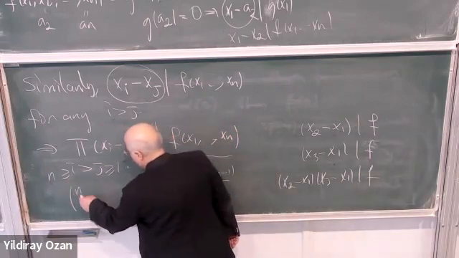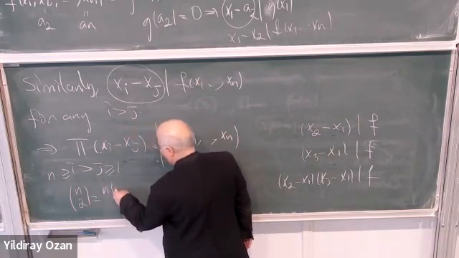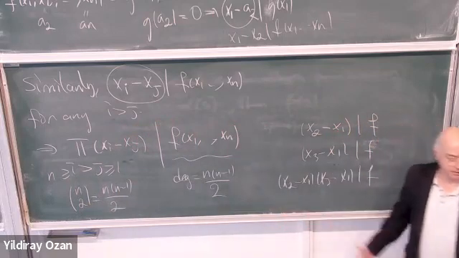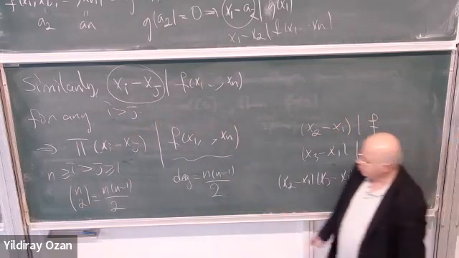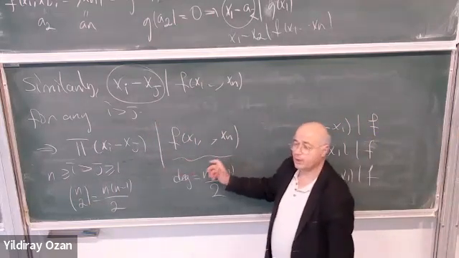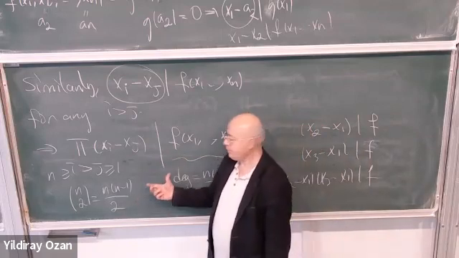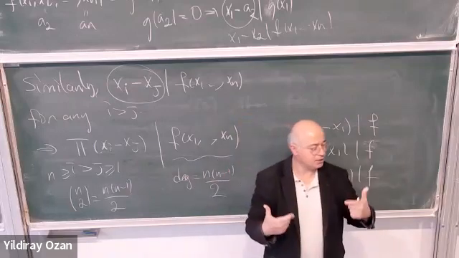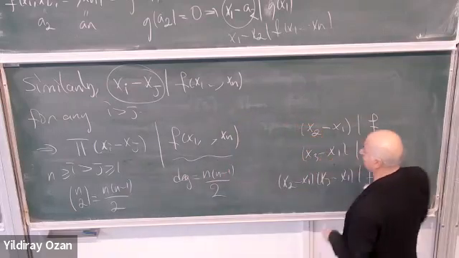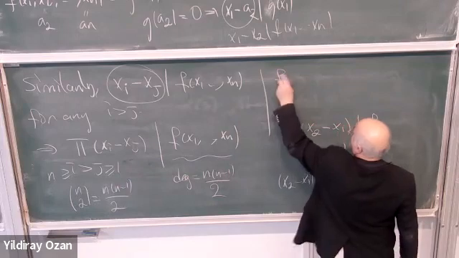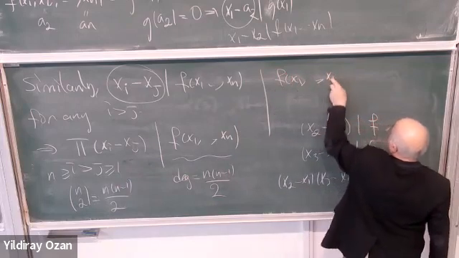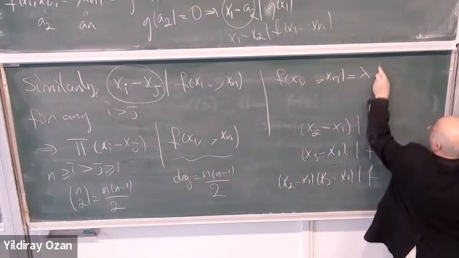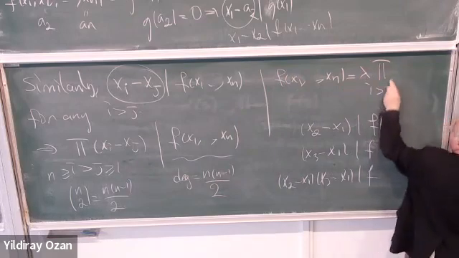And n choose 2 is just n times n minus 1 over 2. So they have the same degree. Okay? This polynomial divides this polynomial and they have the same degree. It means that one of them is a multiple of the other one. Değil mi? İkisi de aynı derecede ve biri diğerini bölüyorsa biri diğerinin katı. So this implies that f of x1 up to xn is just some lambda times this product.